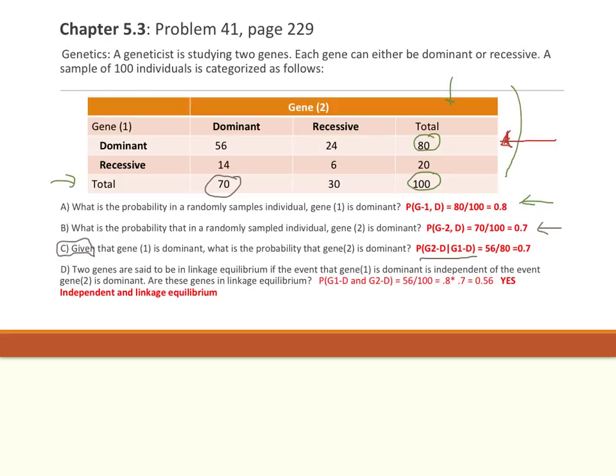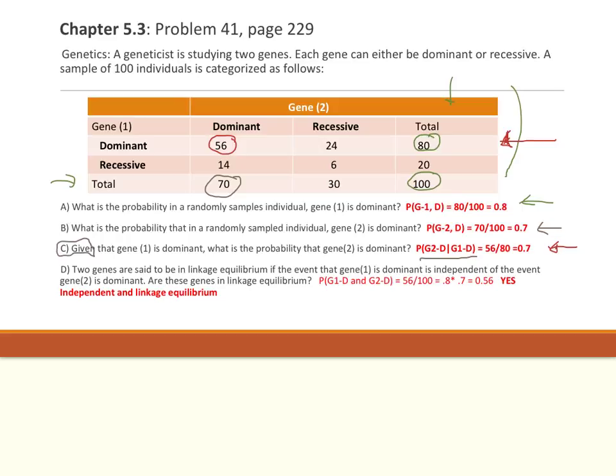In our numerator, it's where dominant is intersecting with dominant. So it's going to be 56 over 80 in this case. And again, it is 70% here.